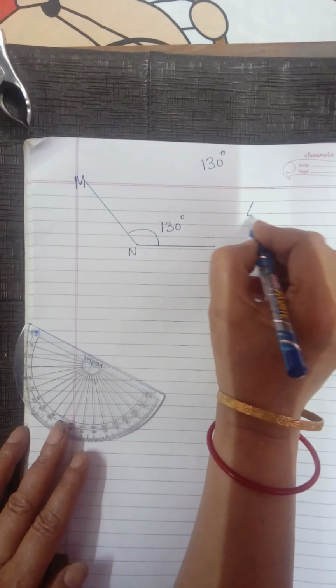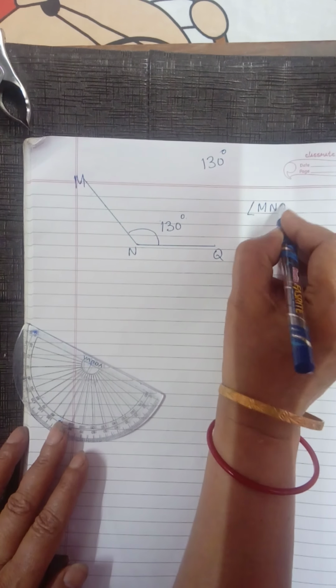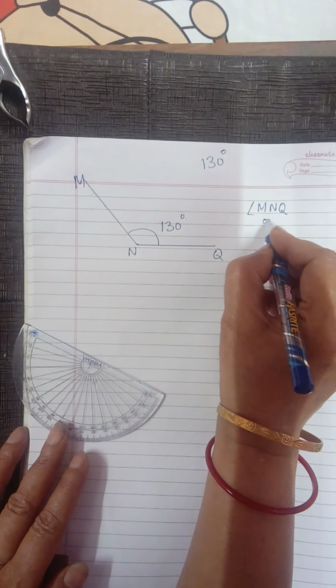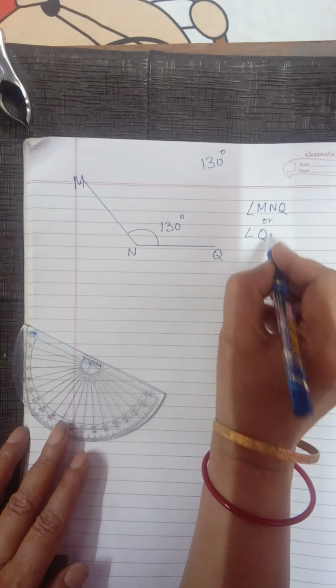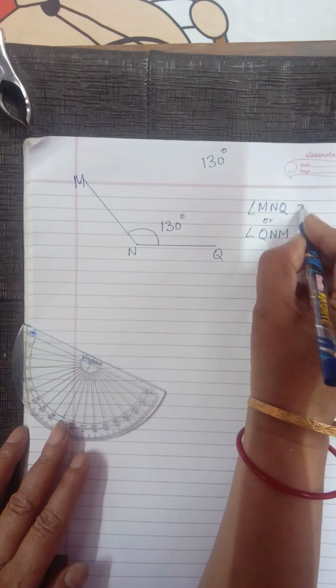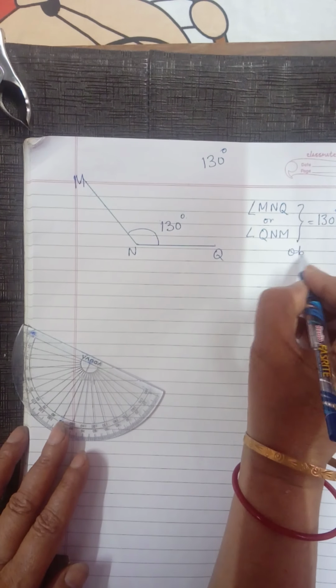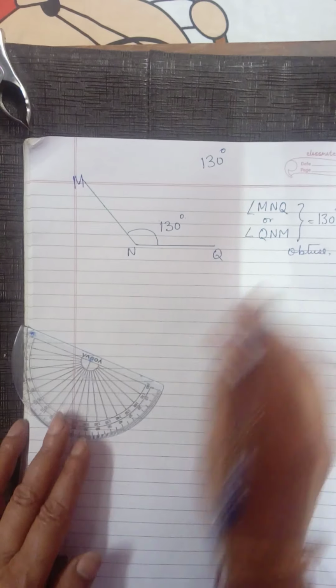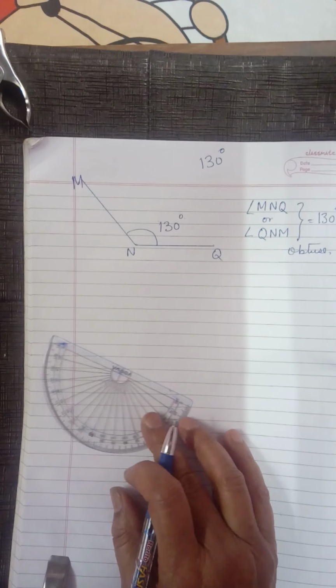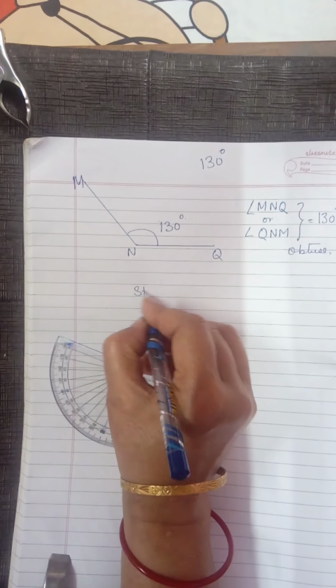And the angle formed by this is of 130 degrees and you can name the angle MNQ. You can write this angle MNQ or angle QNM is equal to 130 degrees, an obtuse angle. Now next one is the straight angle.